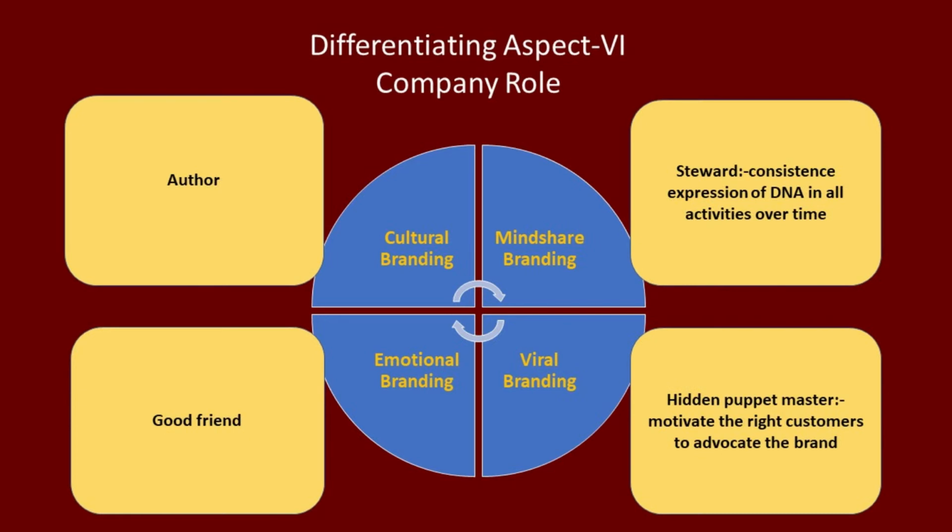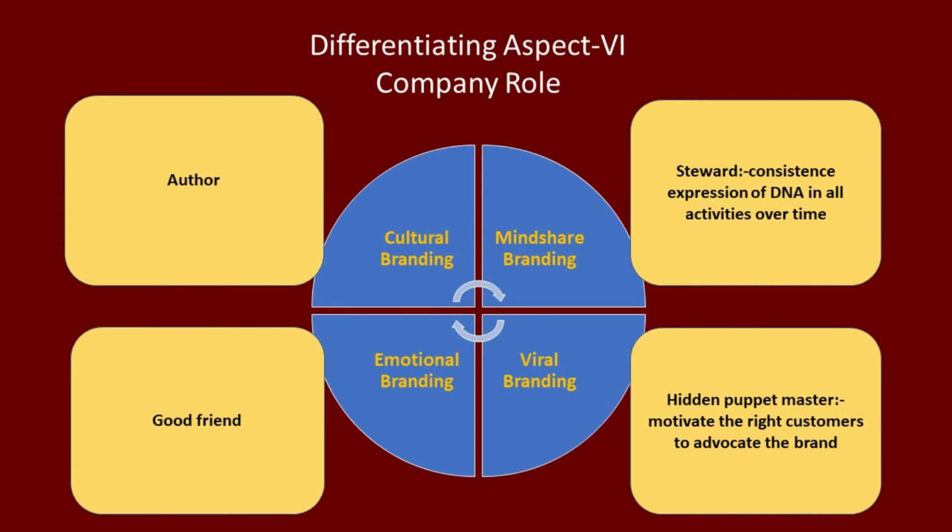The next differentiating aspect is to study the role the company plays in branding. It also differs in different models. When marketing activities are based on the cultural branding model, the company plays the role of an author of cultural contradiction.